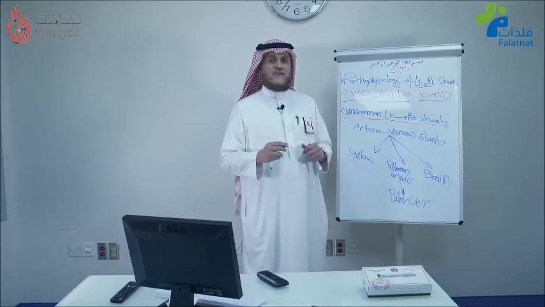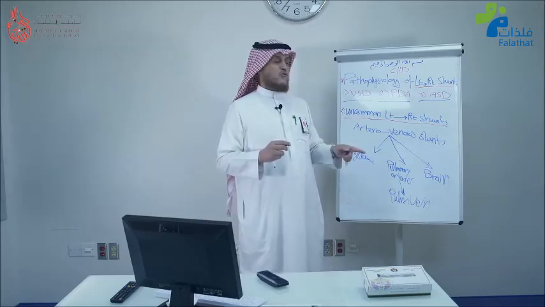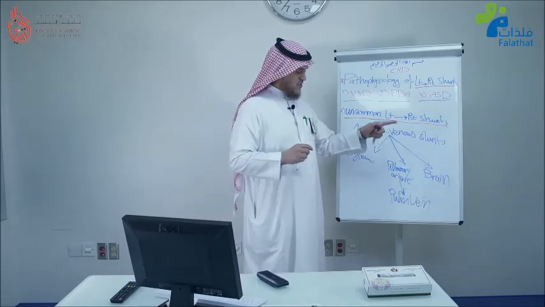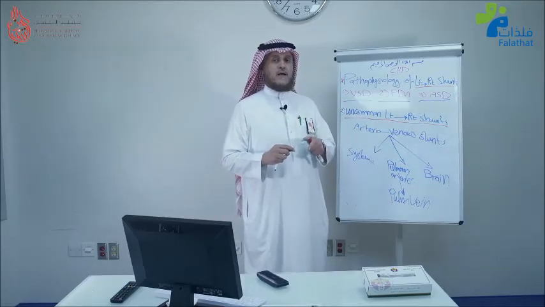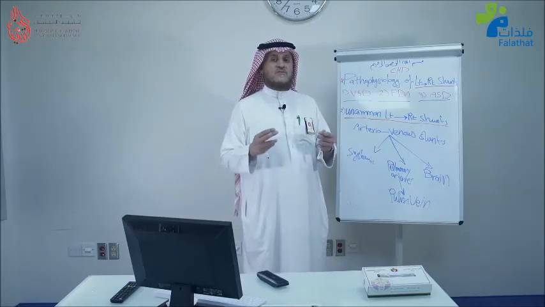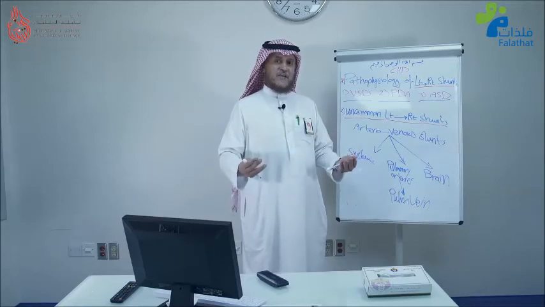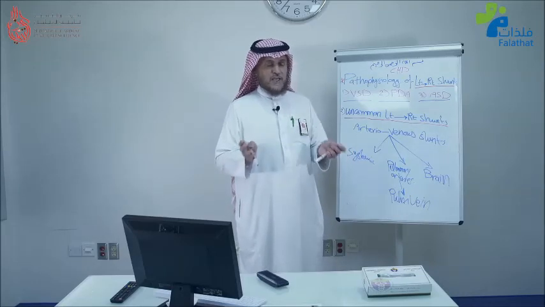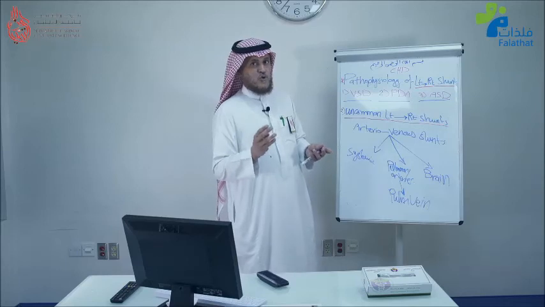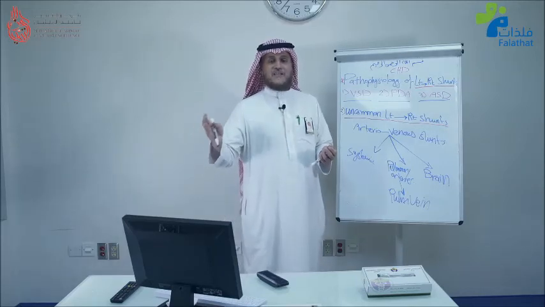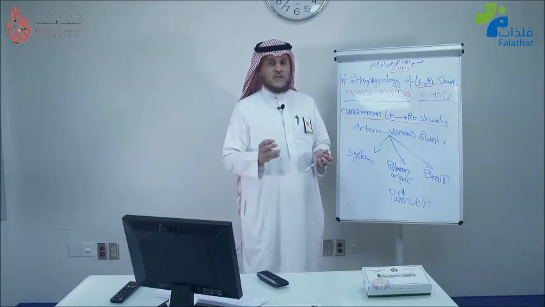And which side here will be dilated again? It will be again the left side, which is the left atrium, the left ventricle, because they are the ones receiving the extra flow. And this is a very unique condition where the patient is actually blue, but the left side is dilated. It's almost unique to this disease.